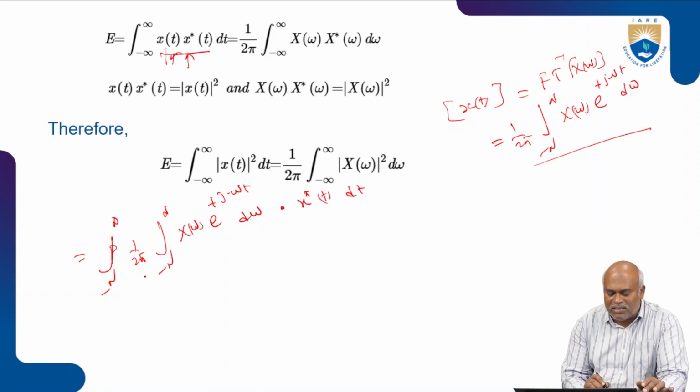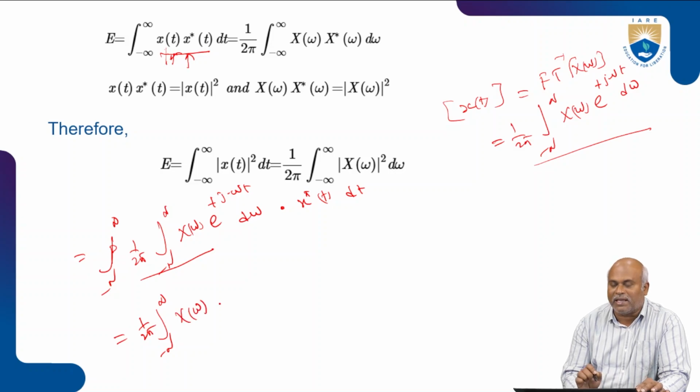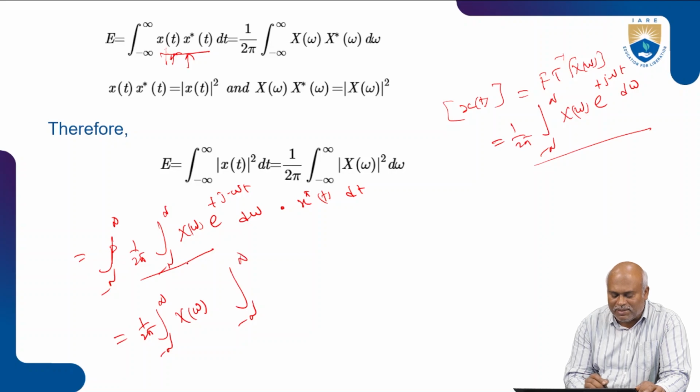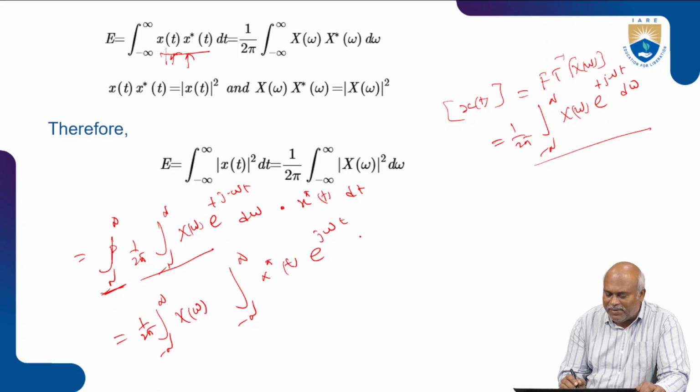Now this term I take out: integration of minus infinity to plus infinity, here 1 by 2 pi x of omega, we take it out. What is the remaining term? Integration of minus infinity to plus infinity of x star of t e power of j omega t dt, and I take out the d omega.